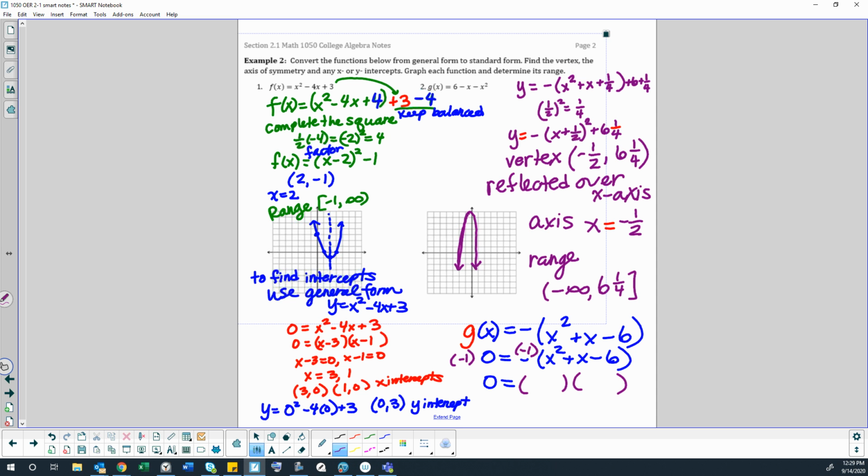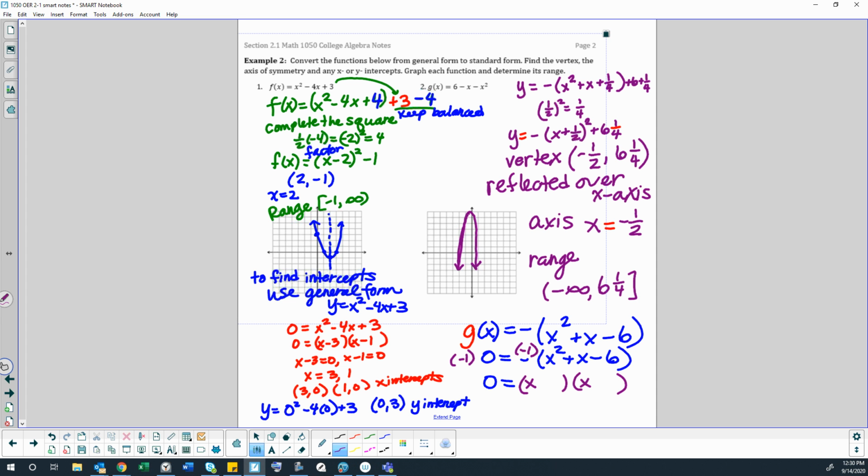What are the factors of x squared plus x minus 6? Perfect. So x times x is x squared, right? And then -6 could be -6 and +1, or +6 and -1, or -3 and +2. Or +3 and -2.